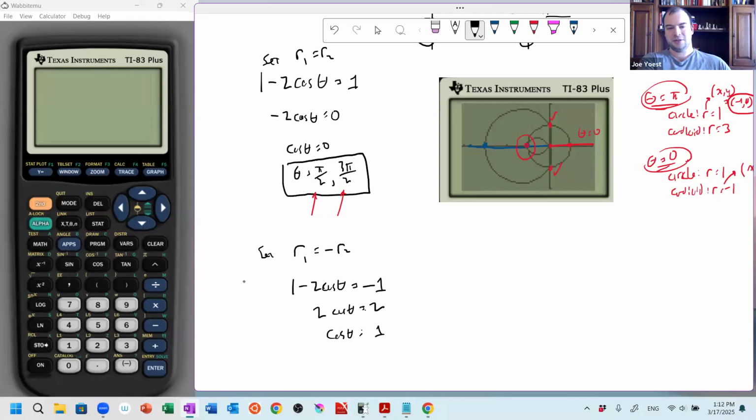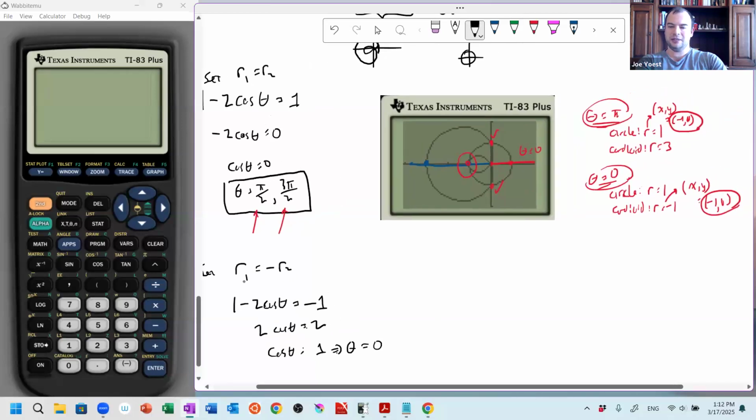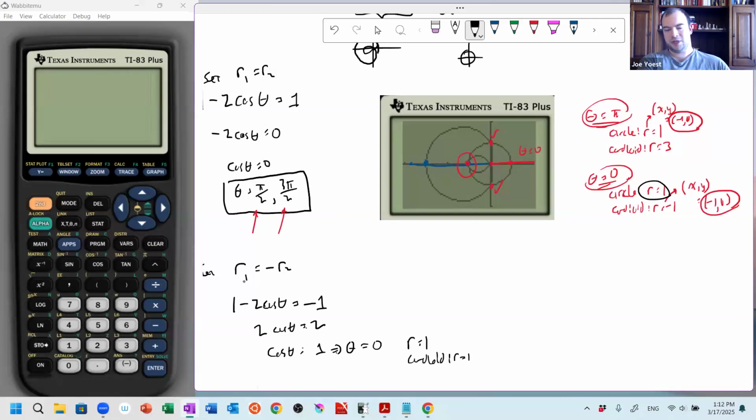And cos theta is 1 when theta is 0. So I see that when theta is 0, for my circle, r equals 1, or my cardioid, r equals -1.